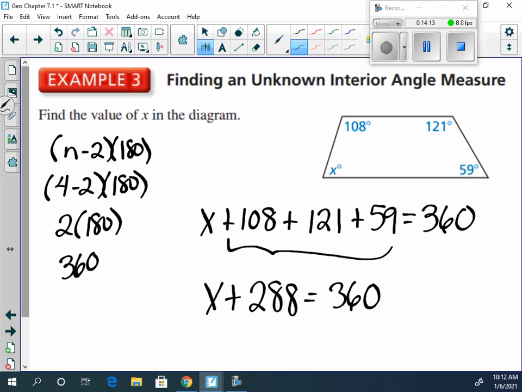And if we add 108 to it, we should get 288.